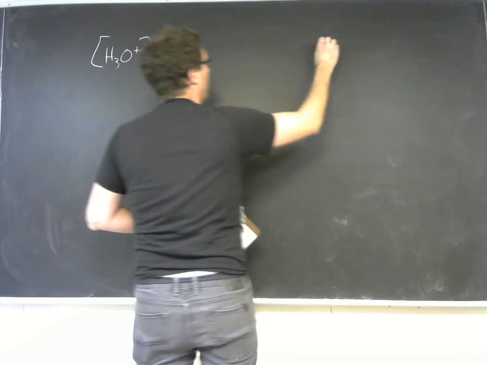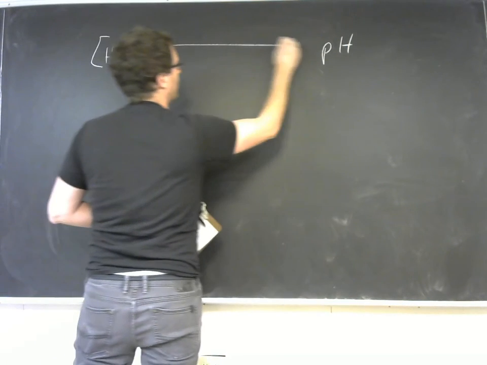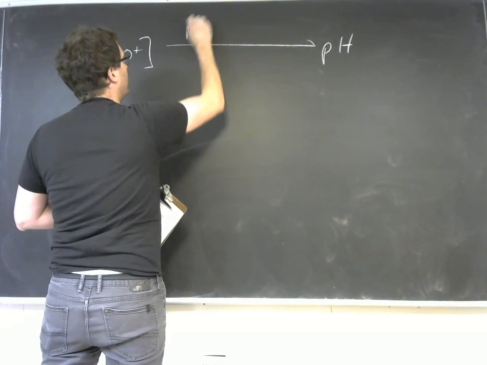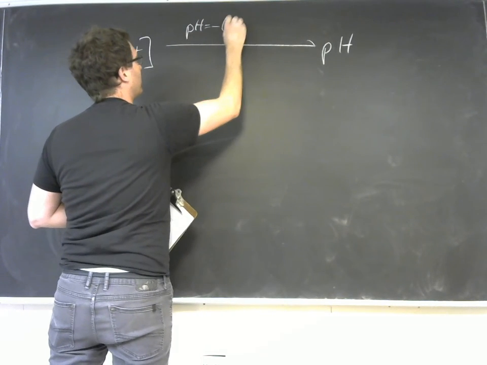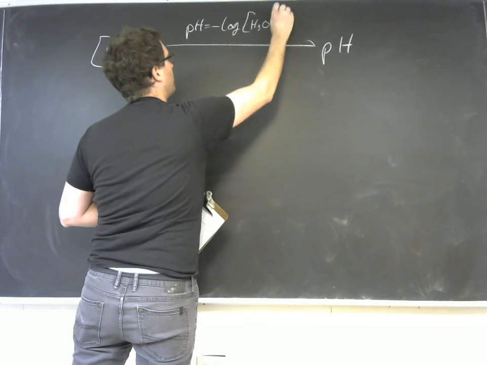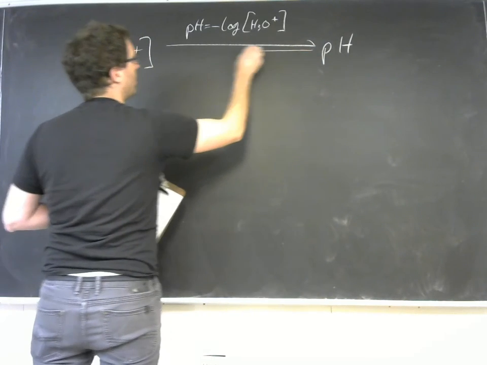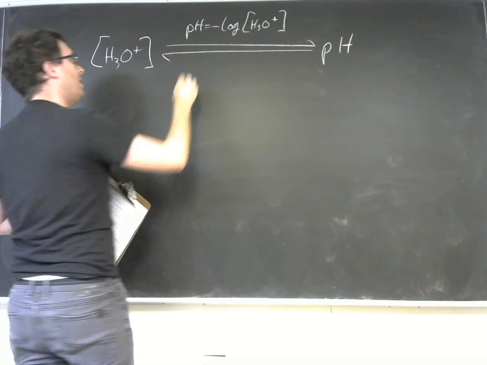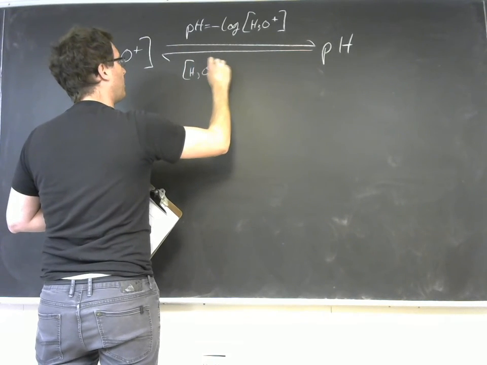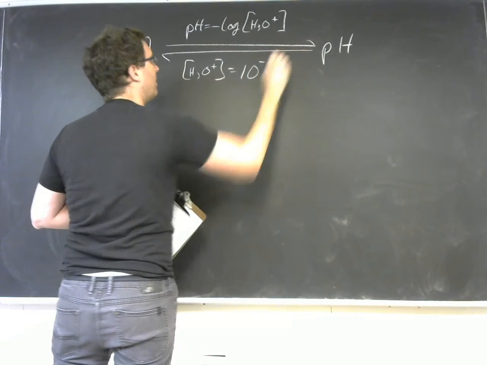So if I have H3O+ here and pH here, I can convert from H3O+ to pH because pH is equal to the negative log of the H3O+ concentration. I can convert from pH to H3O+ because H3O+ is equal to 10 raised to the power of the negative pH.